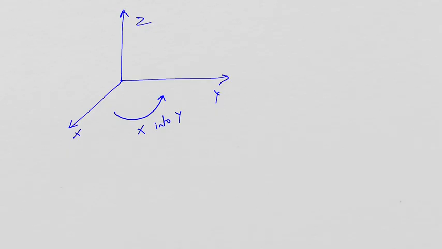For example, I just mentioned the right-handed rectangular coordinate system where we have three axes x, y, and z. As I mentioned earlier, rotation of the x-axis into y, right-handed, the screw will be moved upward.